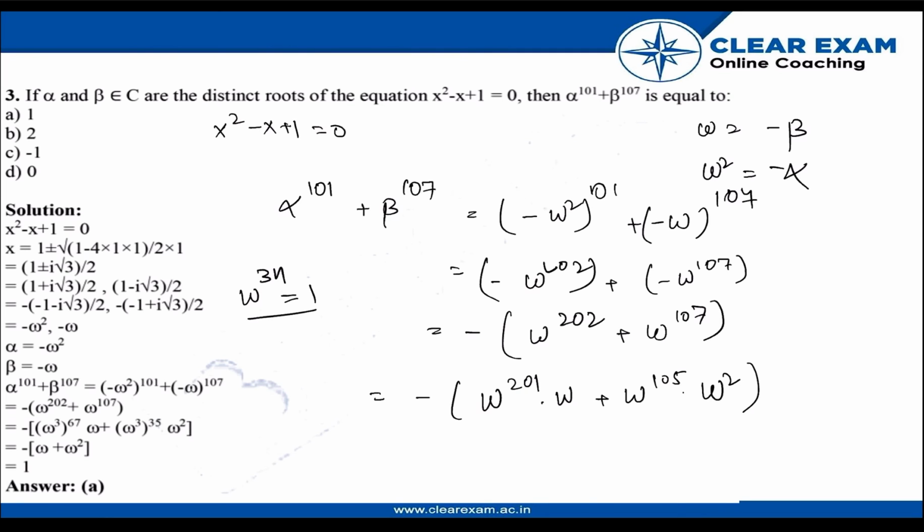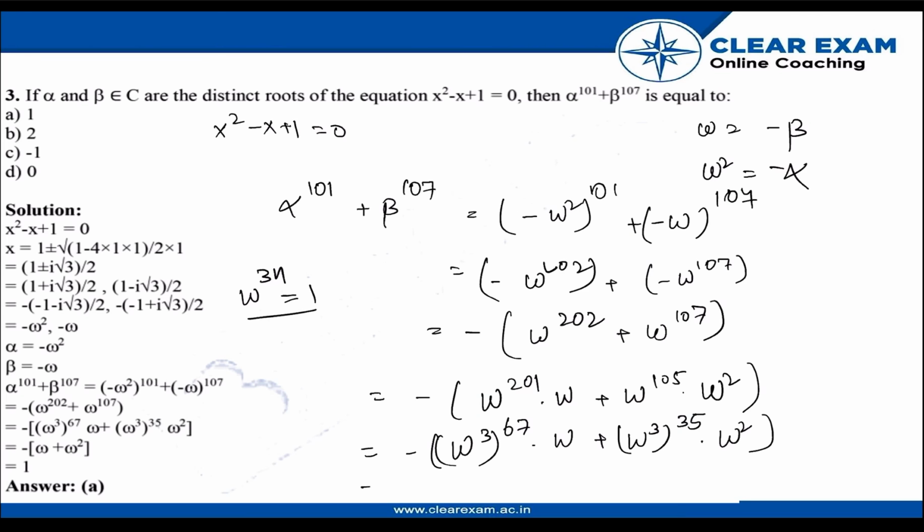So now we have omega cube to the power 67 into omega plus omega cube to the power 35 into omega squared.